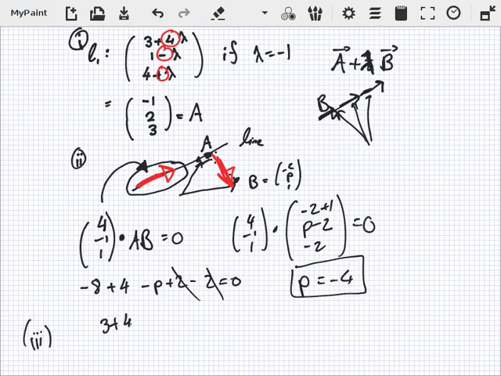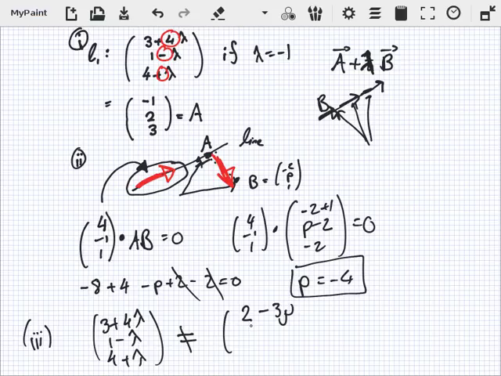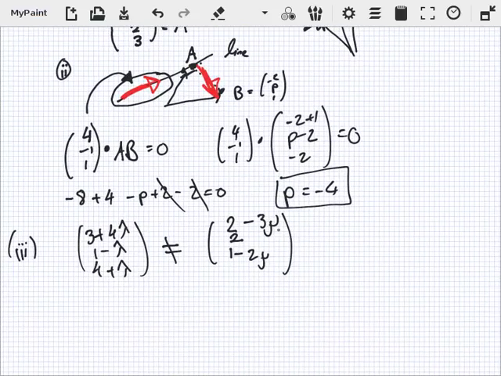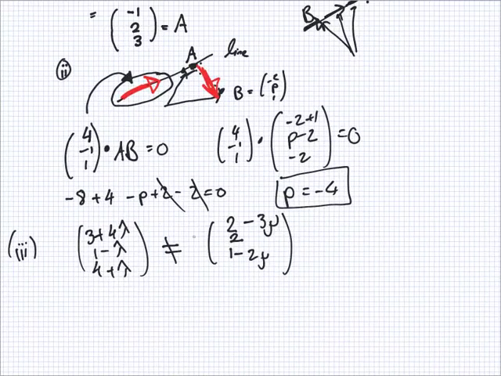Now we want to show that this line, 3 plus 4 lambda, 1 minus lambda, 4 plus lambda, does not meet this line, 2 minus 3 mu, 2, and 1 minus 2 mu. So teacher, I have a question. So it's always equal to 0, right? That product, if they're perpendicular?